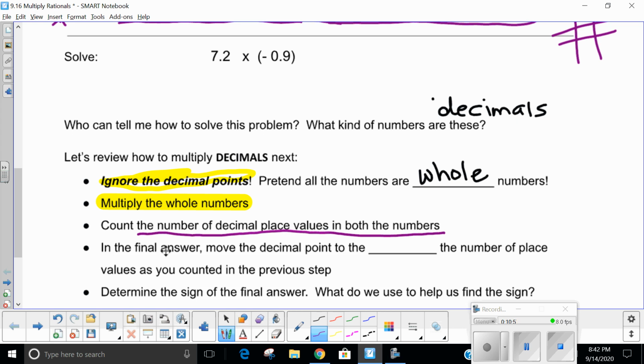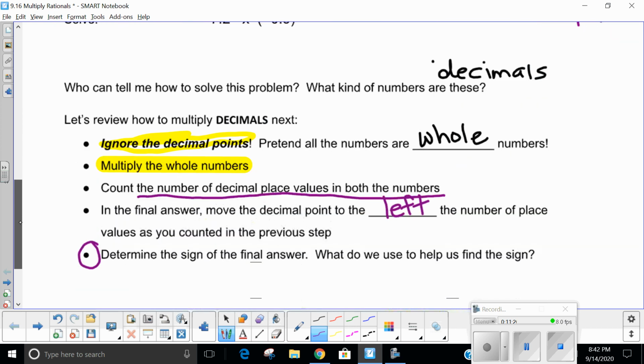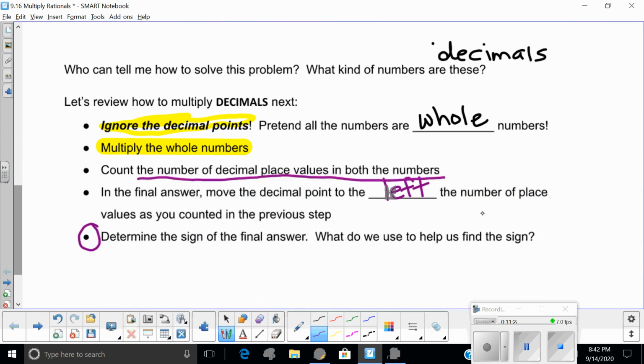Then in the final answer, we're going to move the decimal point to the left the same number of spaces that you counted in the previous step. And then the last part of this process is determining the sign of the final answer. And remember, we can use the mouse, the triangle, or the tic-tac-toe board to help us keep track of the sign of the final answer.